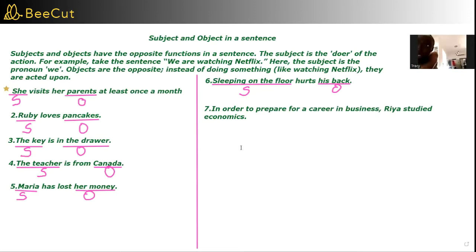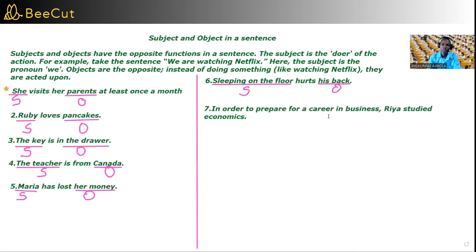Why? In order to prepare is the object. Okay, wait. We said the subject must do something. So what did career in economics do in the sentence? The sentence doesn't work. It took so much to do that. Okay, so let me correct that.